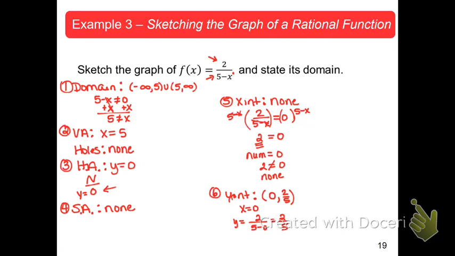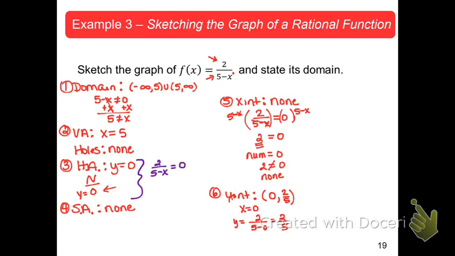Alright guys, something we did not do, and we should have done back when we did our horizontal asymptote. Are you listening? We said that there was one, but we didn't check to see if it crossed in the middle somewhere, okay? So we need to check. Let's go back and let's check that horizontal asymptote. To find out if it crosses, remember we set the equation equal to our horizontal asymptote, and we said it was 0.